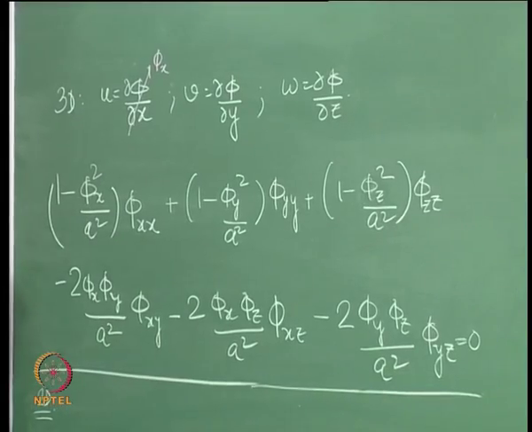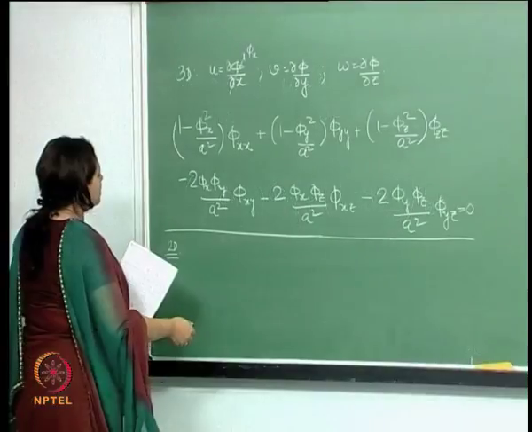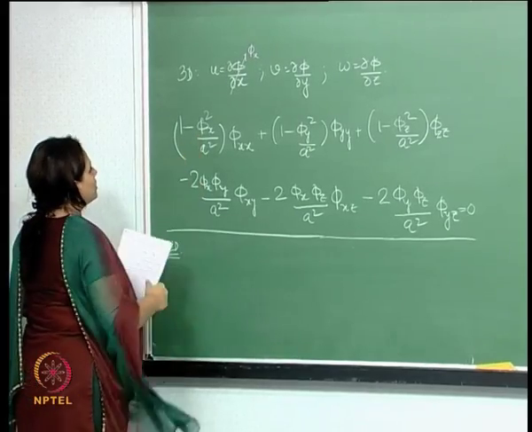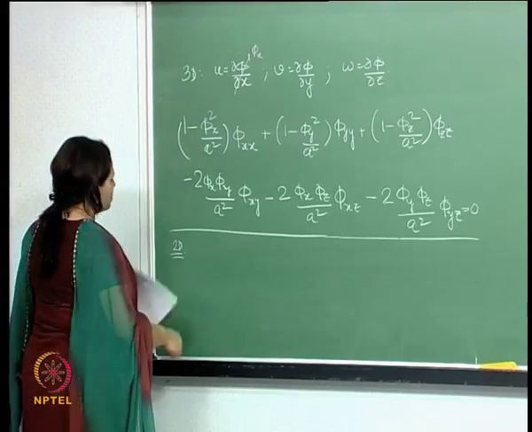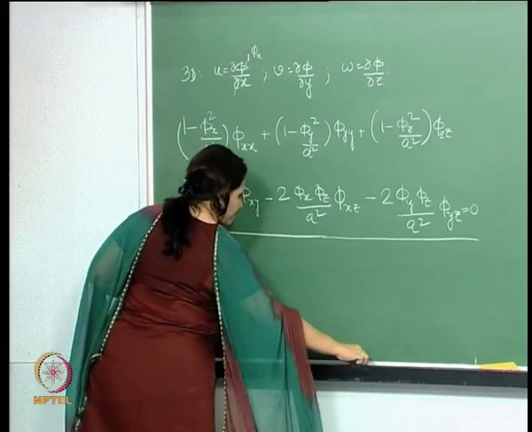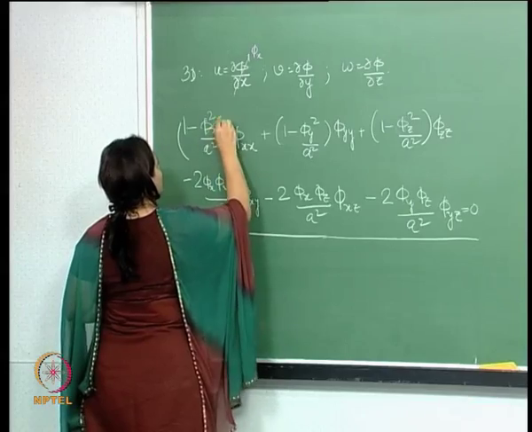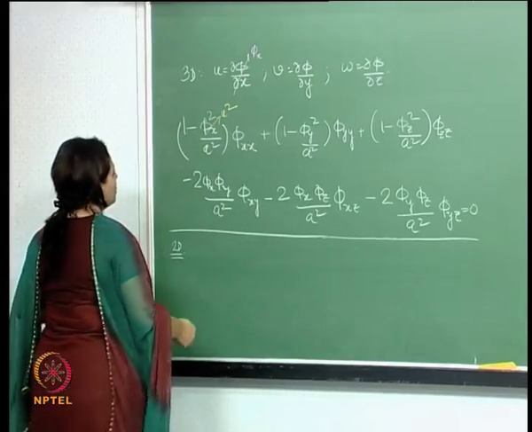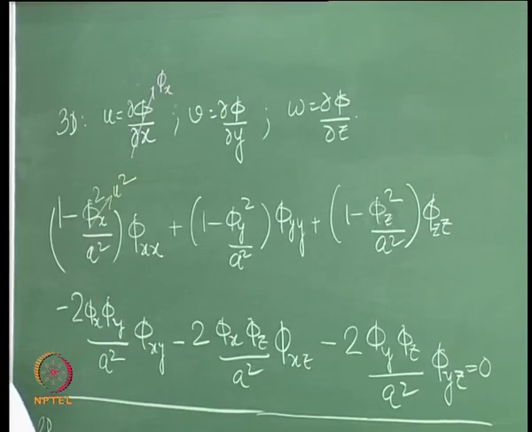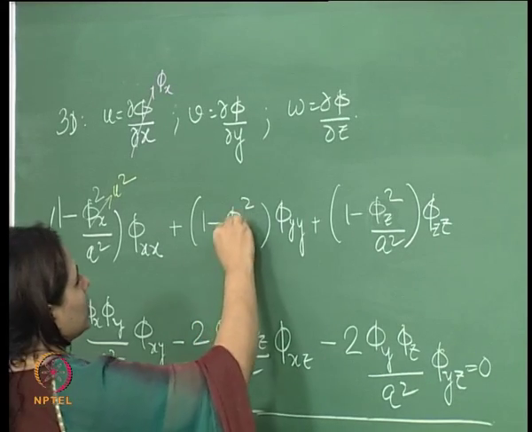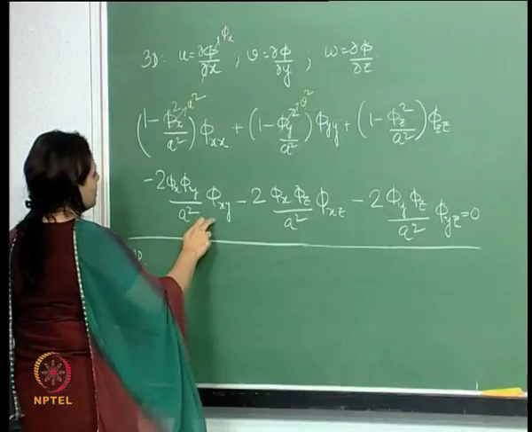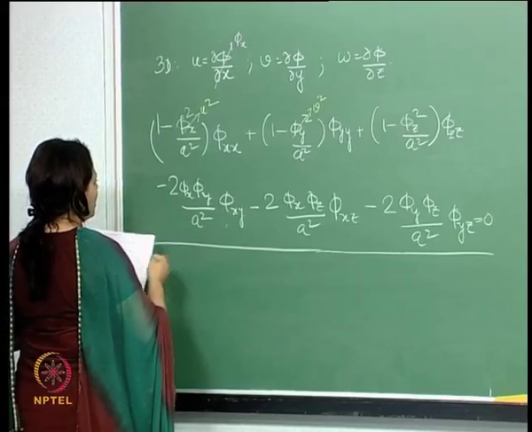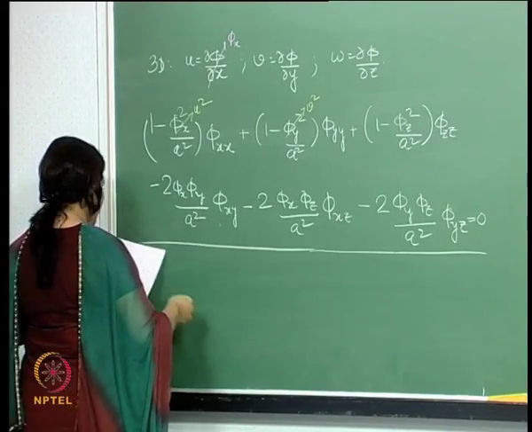Phi x is nothing but u, so this is nothing but u square, this is v square, and here uv.